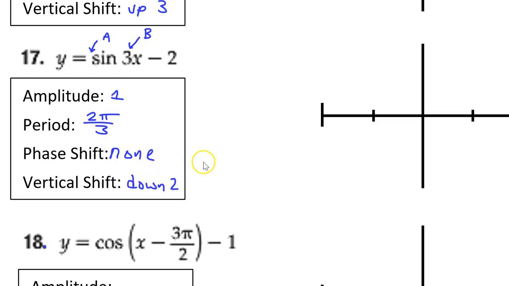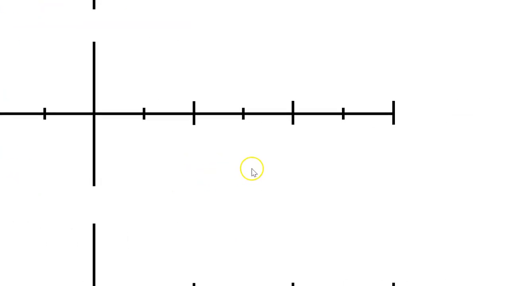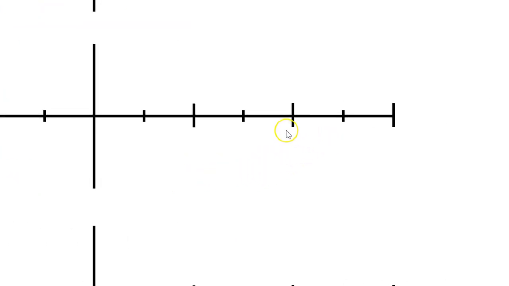So let's go ahead and draw this, starting with the period of 2 pi over 3. A good place to put my period would be right here. So this would be 2 pi over 3. Now if this is 2 pi over 3, halfway would be 1 pi over 3, or simply pi over 3. Half of pi over 3 is pi over 6.